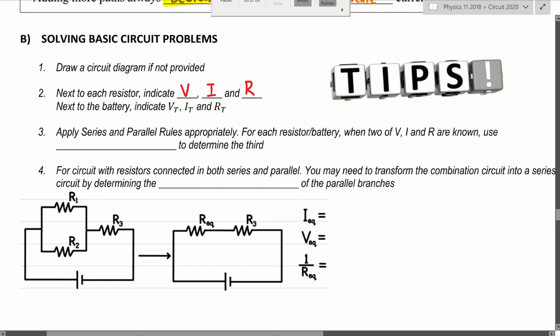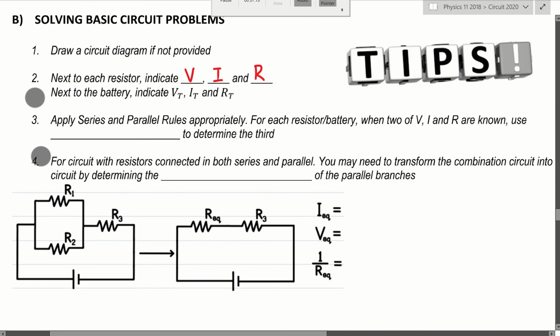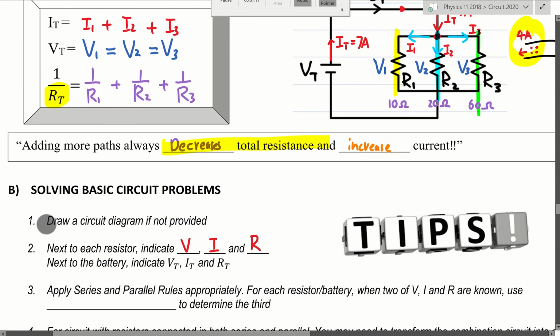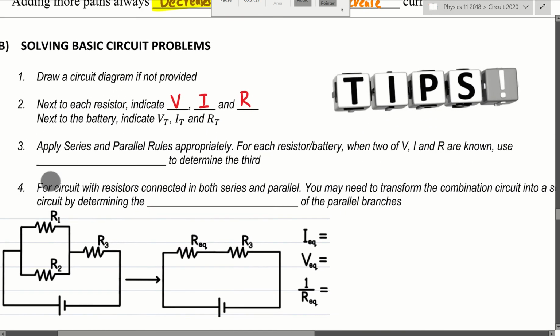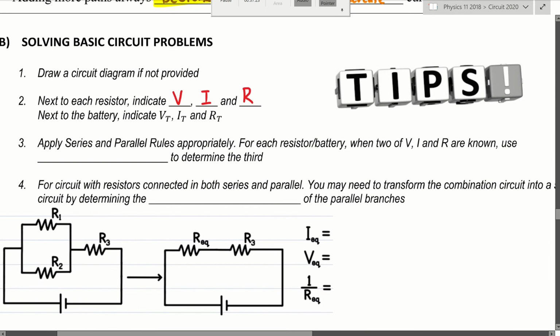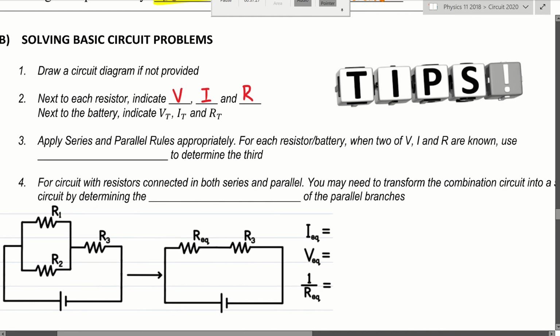Now, if it's a series circuit, you can see R total immediately, but sometimes in a parallel circuit, you have to use that equation to calculate it, right? This equation. Okay, so now you apply those series and parallel rules, which we wrote down, those 6 rules up there, for each resistor and battery.